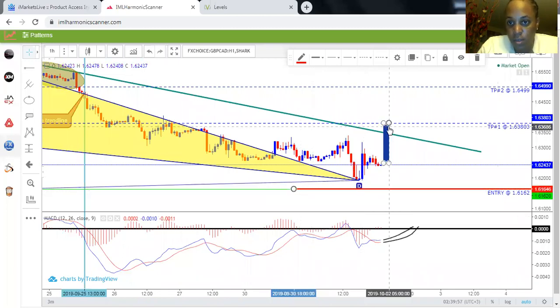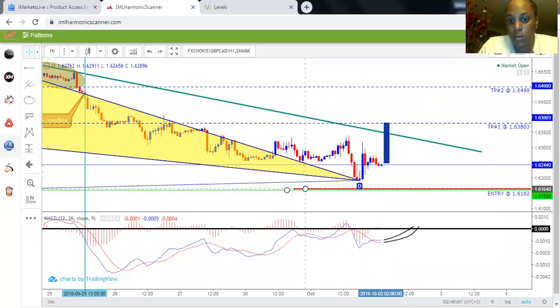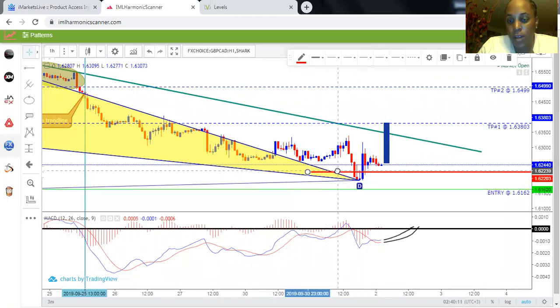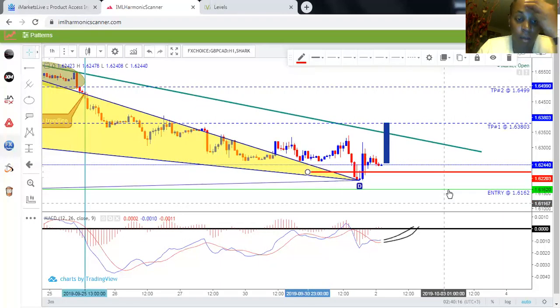My entry is there. But if you can recognize this low, use this low. You're not using the harmonic scanner stop loss.